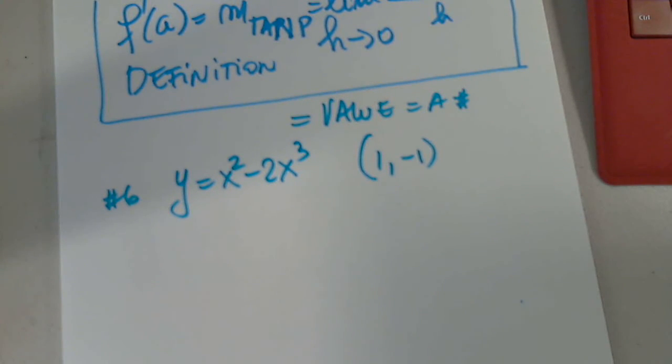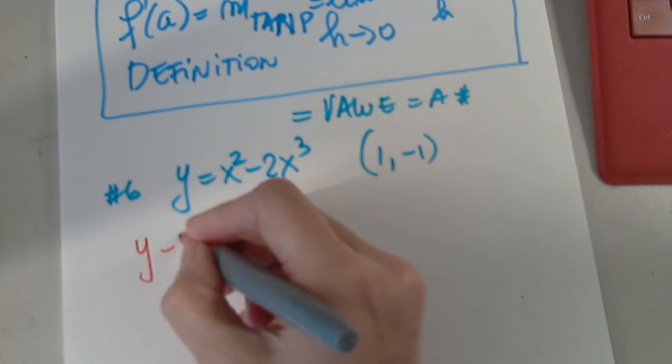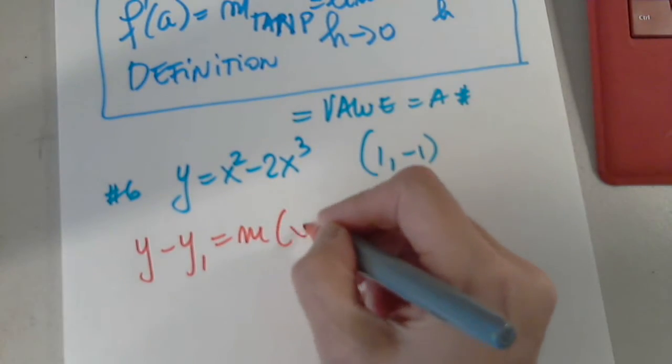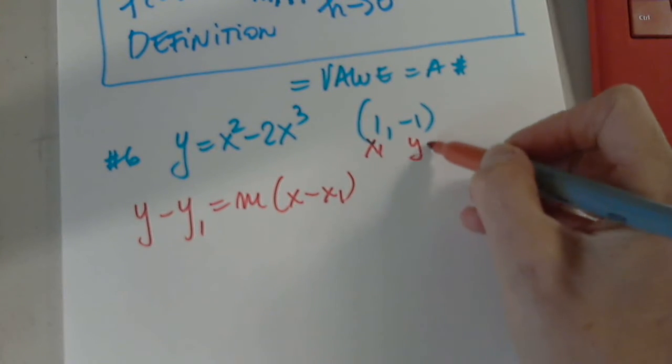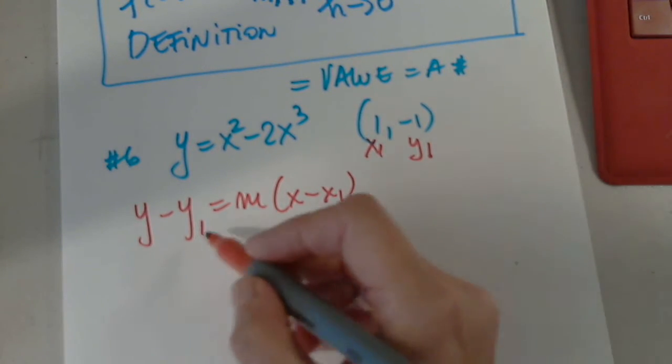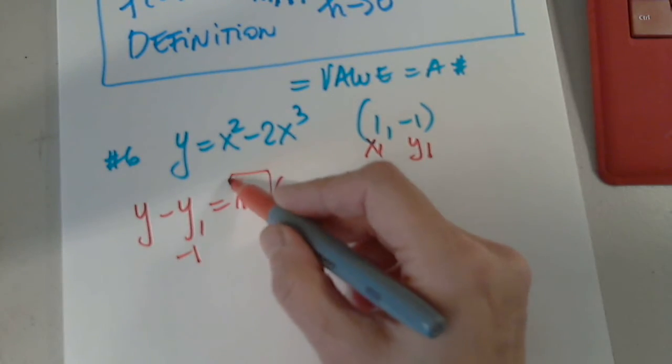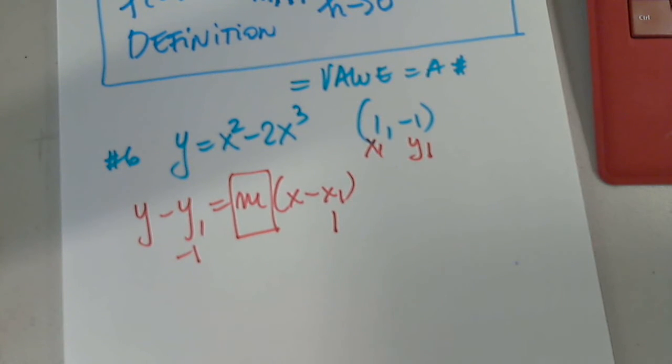So they are really asking us to determine y minus y1 equals the slope times x minus x1, where the point is x1 comma y1, so 1, negative 1. The only thing I need to determine is m, which is the slope of the tangent line to the graph of y.